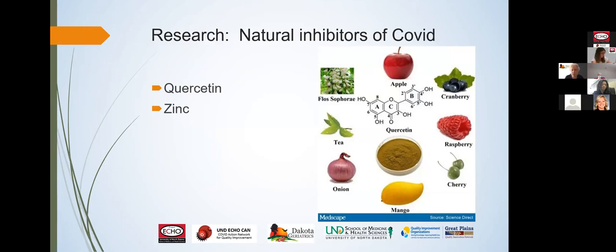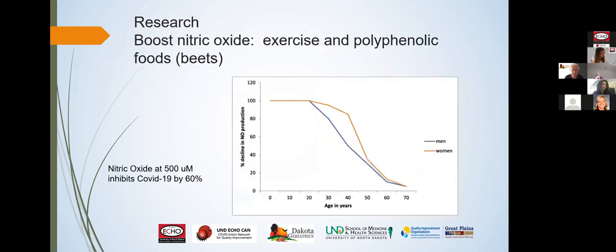And then the quercetins also help ramp up the immune system. So you can see all the food elements there that can increase quercetin, that has antiviral properties. So it's not probably too surprising that eating your fruit and vegetables, turmeric, all of these things are good natural inhibitors of COVID. Next slide, please.